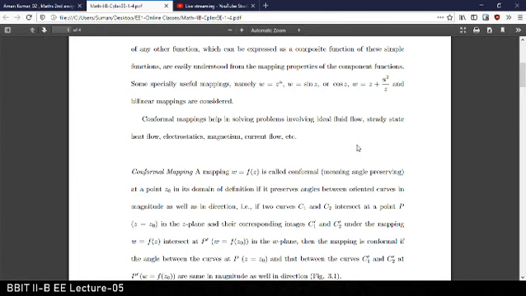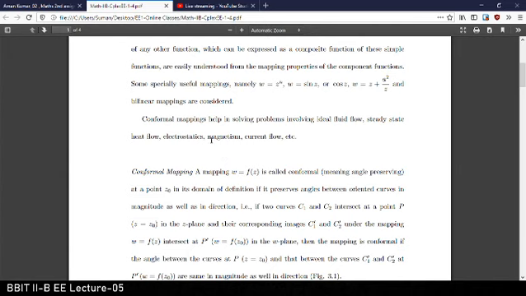And because of that property, given one we can find out the other one. If I know the equation of the line of flow of currents, then we can find out the equipotential surface, and if we know the equipotential surfaces, then we can find out the lines of flow of currents.